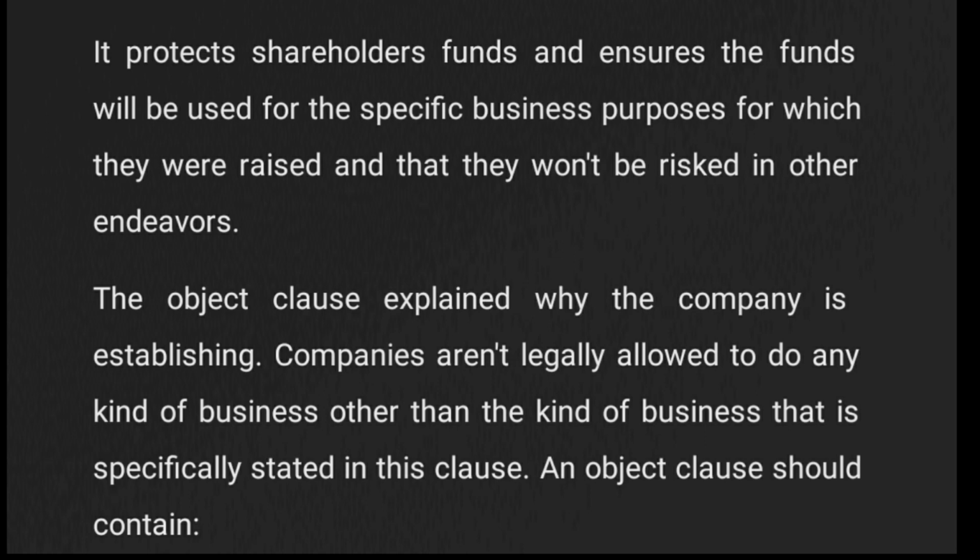They are not allowed to do anything else. Like if a company is a service company, and the company mentions they are providing a specific service to customers, then they only do that. They cannot start manufacturing goods or provide other kinds of service. So they can't do that.